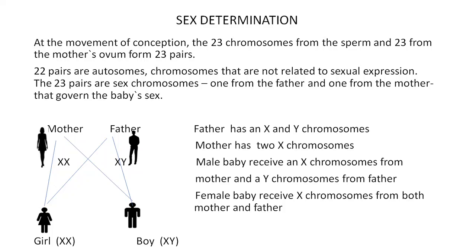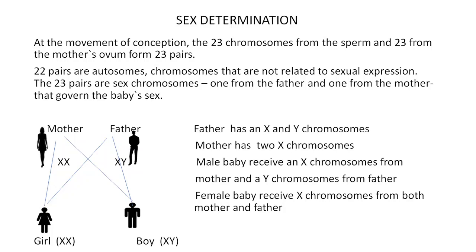Sex chromosomes are either X chromosome or Y chromosome. The sex chromosome of every ovum is an X chromosome, but the sperm may contain either an X or Y chromosome. The Y chromosome contains the gene for maleness called the SRY gene.